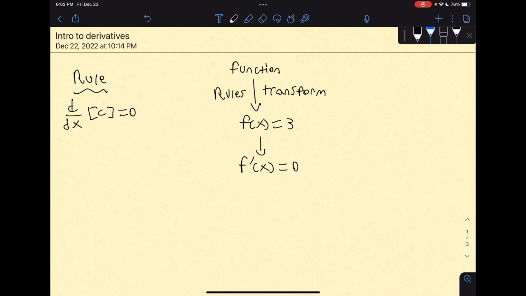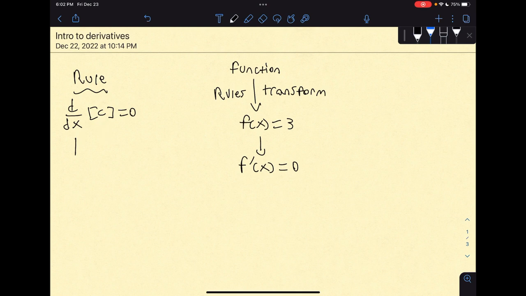And why have I put f prime of x equals 0 and not f prime of x equals 3? Well, if we go back to the rule set here, d over dx of c equals 0. What does that mean? You might be saying, why aren't you canceling the d's? Well, this d over dx is actually just the derivative operator. And that is just saying we're taking the derivative of whatever's in that bracket. And this c just represents a constant.